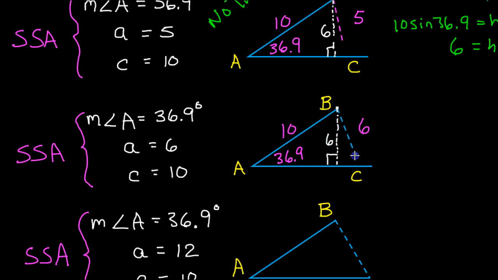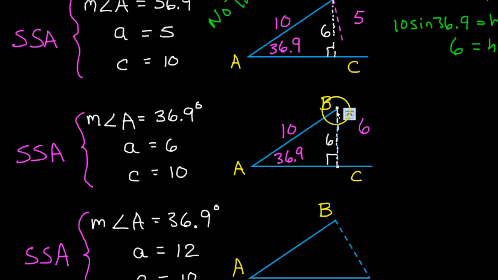But what's going to happen if this is length 6 and the height of the triangle is also 6? Is this going to make a triangle? Well, yes, it will make a triangle, but because they are exactly the same length, this side A is exactly the height of the triangle, then that means that there's only one triangle you can make, and that's the triangle where side A is the height. Alright, they're the same thing, 6 and 6.